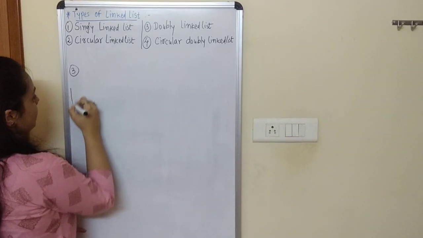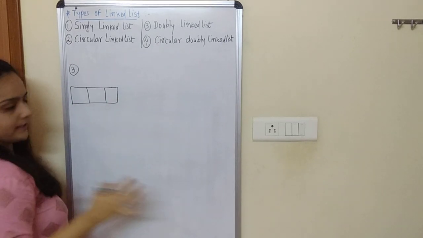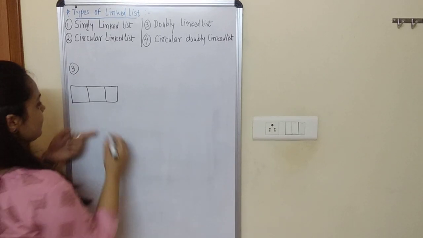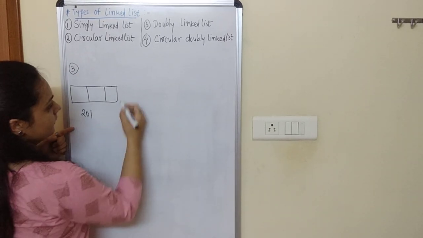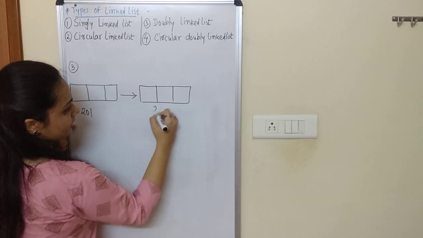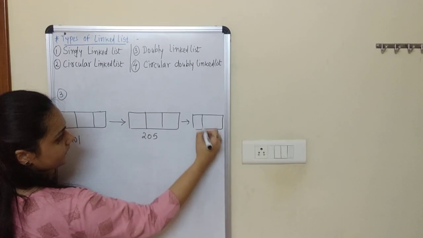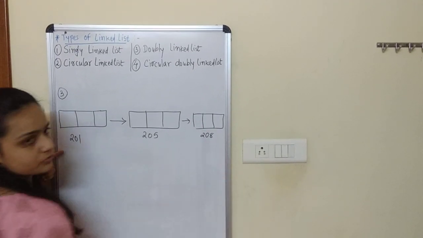Like initially I have the node and I have the 3 parts as I said, and it is having the location at 201. In the second it is having the location 205, and in the third it is having the location, for example, 208.